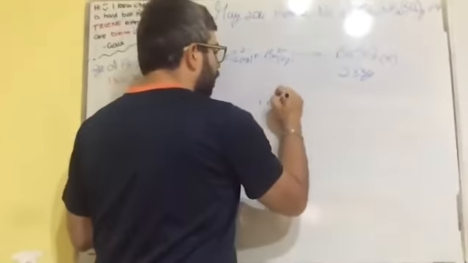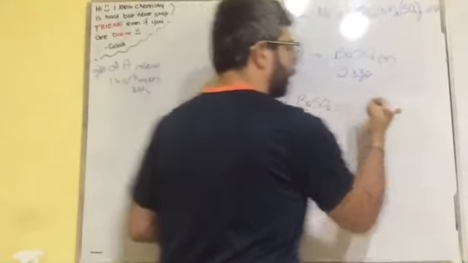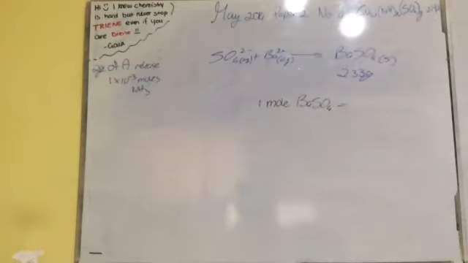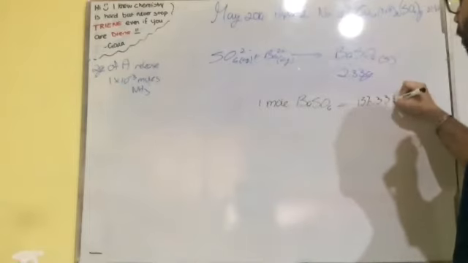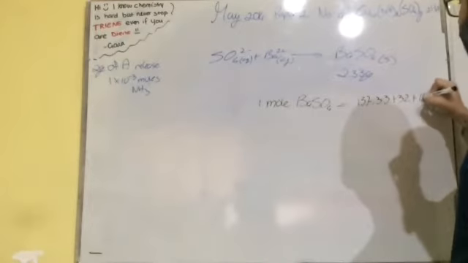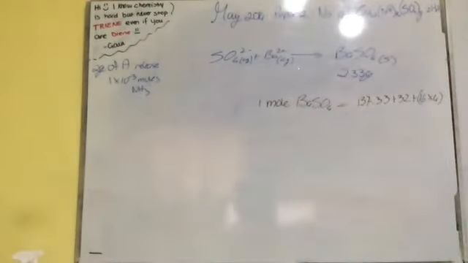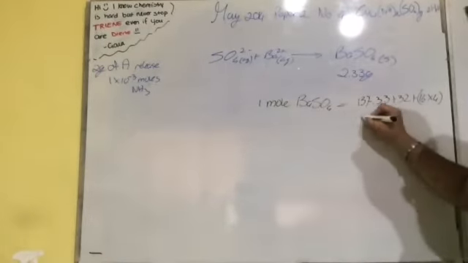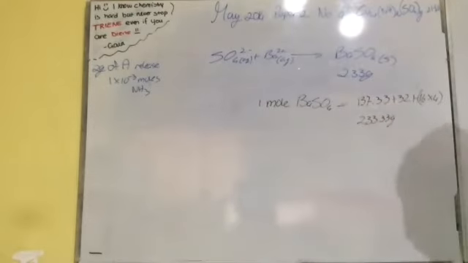So 1 mole of BaSO4 is equal to the mass of barium, which is 137.33, plus 32 plus 16 times 4, and that would be 233.33 grams.